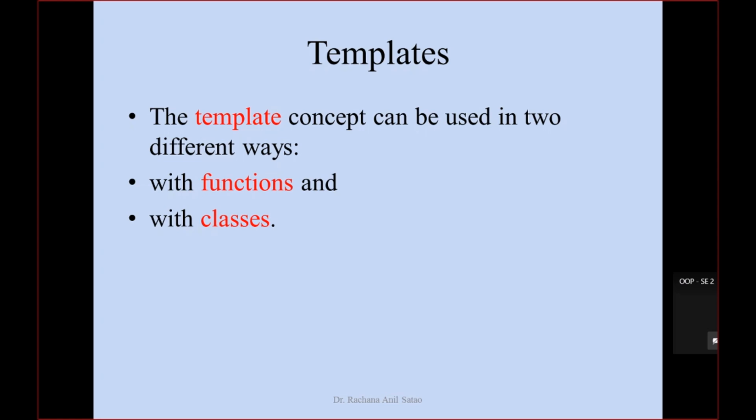Now whenever we are studying any concept, first we should understand what is the need of it, right? So suppose I have given you one statement: write a simple program to find the maximum number from the given list of numbers.